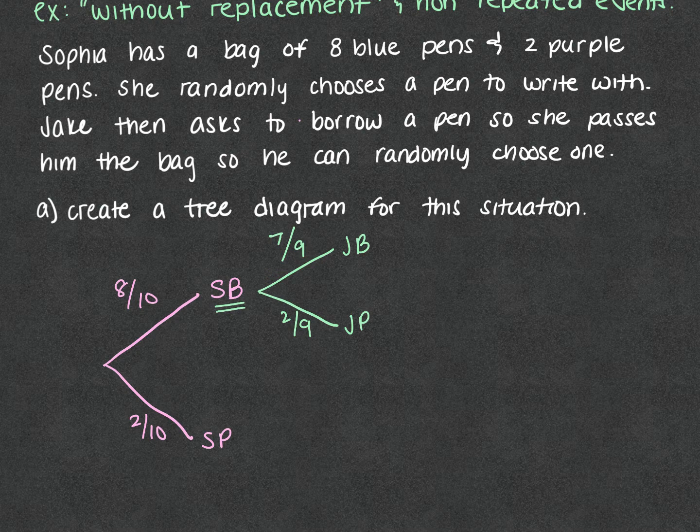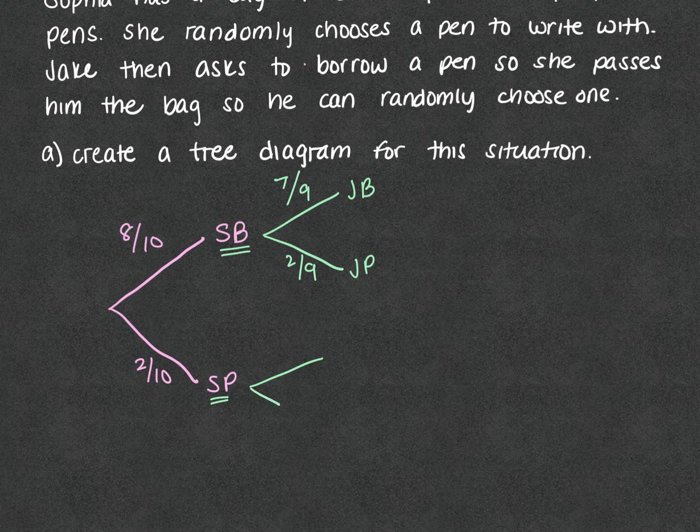On the other branch, Sophia chose a purple out of the bag. Then there would still be 8 blues, but only 9 pens total, and only 1 purple left out of those 9 pens.